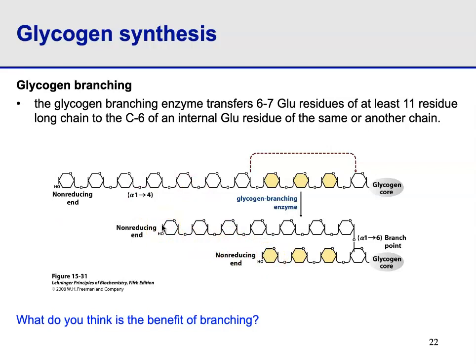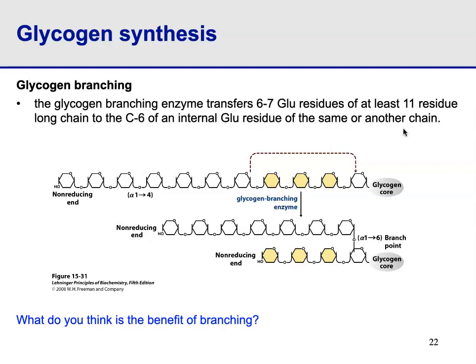Synthesis, or addition of new glucose molecules, or the removal of glucose molecules during degradation happens only at non-reducing ends. So by making branches, now we went from one end to 2 non-reducing ends. Now instead of 1 glycogen synthase, we have now 2. So the rate of synthesis will increase. And then the new branch, and the new branch, and the new branch, and soon we'll have 100, 200, 1,000.